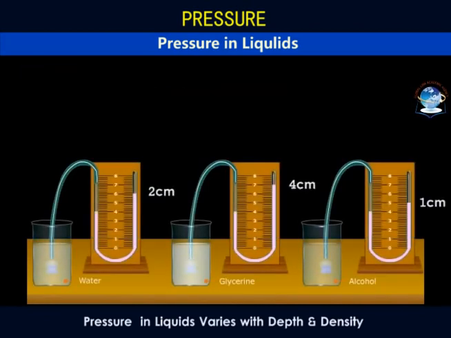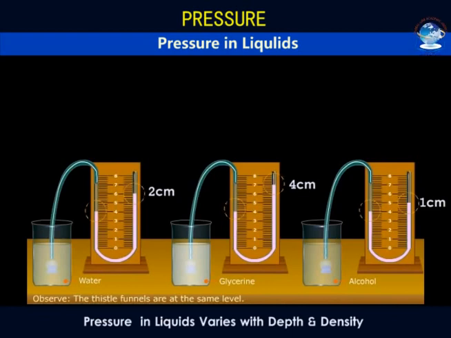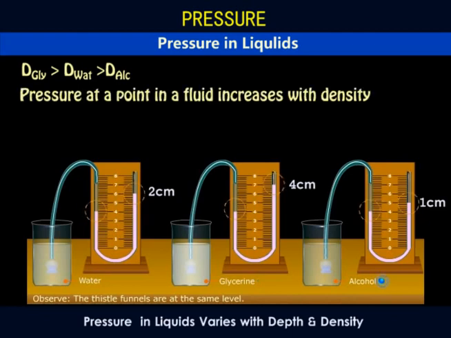Next, we observe the liquid levels in the U-tube when the thistle funnel is dipped into water, glycerin and alcohol. They are all different, with glycerin being the largest and alcohol the smallest. And that is because the density of glycerin is the largest and that of alcohol is the smallest.